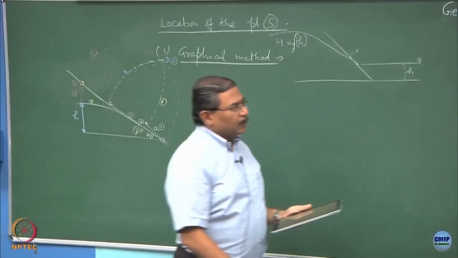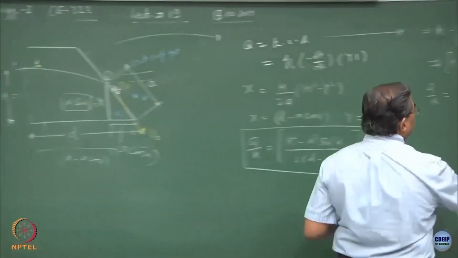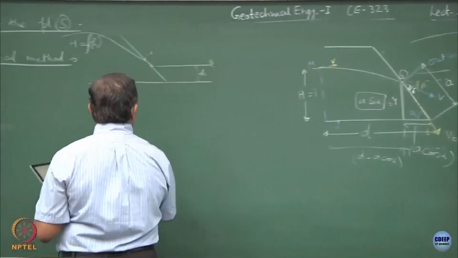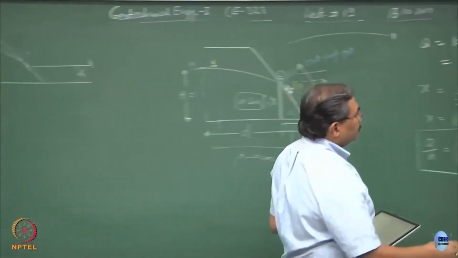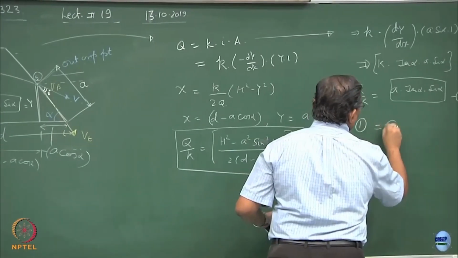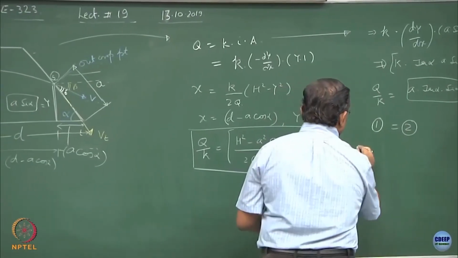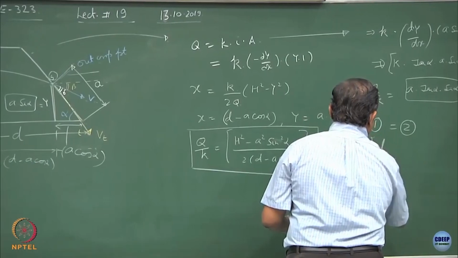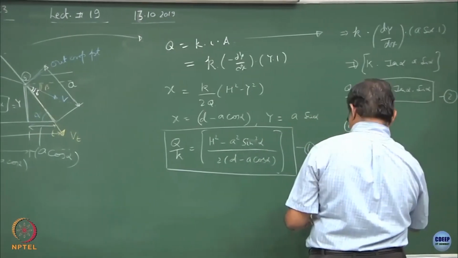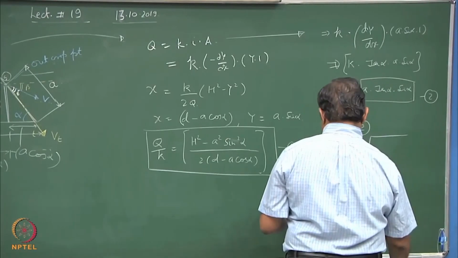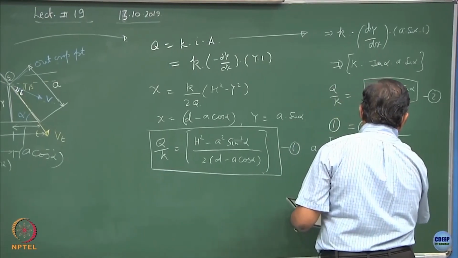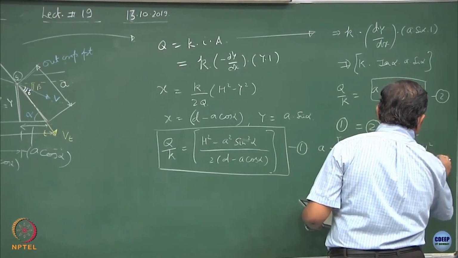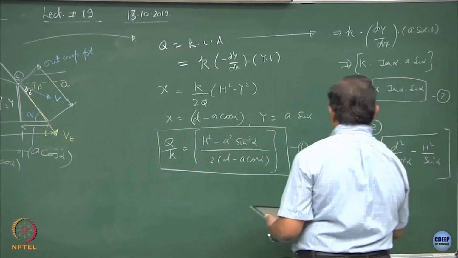So, I am defining the discharge in two ways. If I equate these two, I will be getting an expression. The final expression would be A is equal to D by cos alpha minus under root D square by cos square alpha minus H square by sin square alpha.